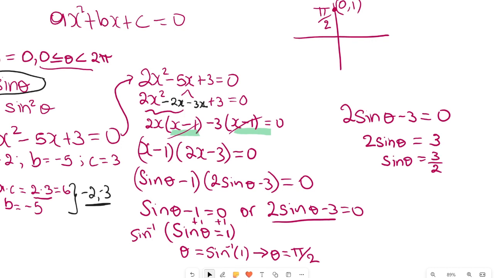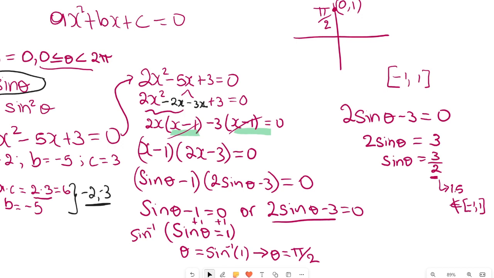Now, remember, in order for us to be able to take the inverse, our range has to be between -1 and 1. And for us, this is 1.5. So this is not an element of -1 to 1. And since it's not where we need it to be, we cannot take the inverse.